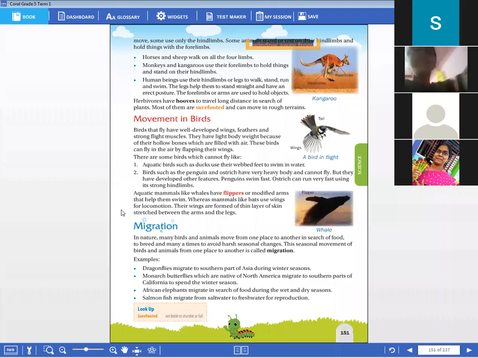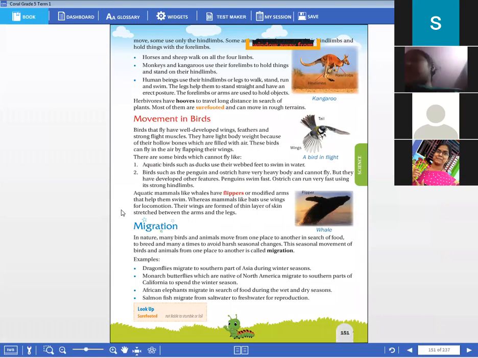Human beings use their hind limbs or legs to walk, stand, run, and swing. The legs help them to stand straight and have an erect posture. The front limbs or arms are used to hold objects. Here, children, we saw 2 types of animals, which walk on all 4 limbs and which hold things with the front limbs and walk on hind limbs.